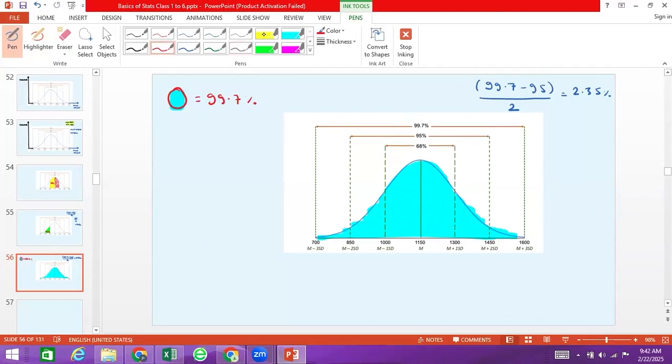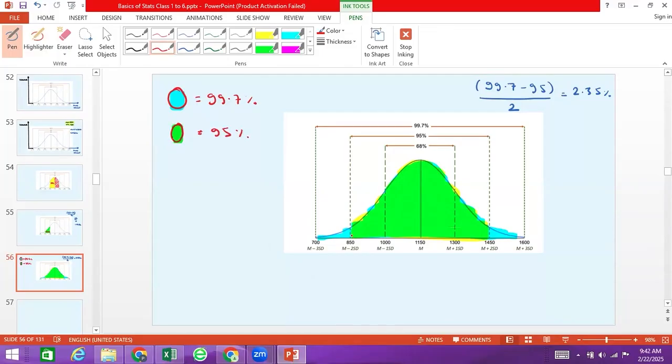Now I'm removing this area from it first. What is this green region? 95%.